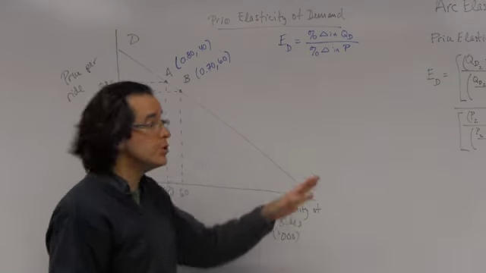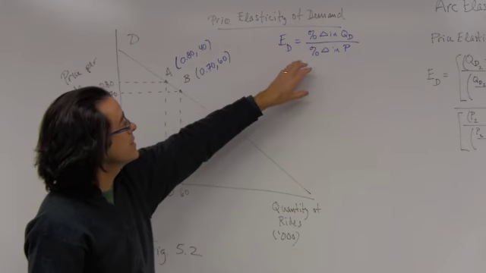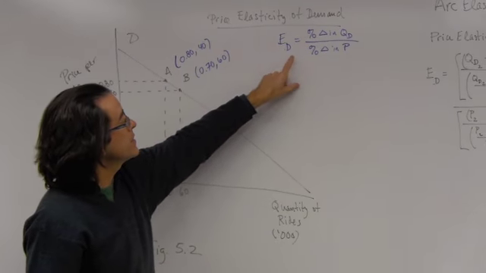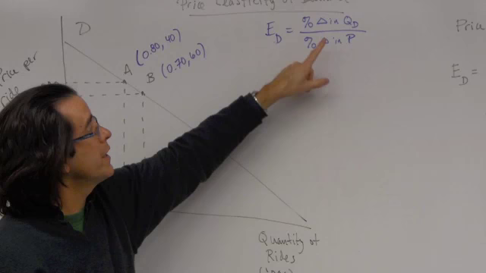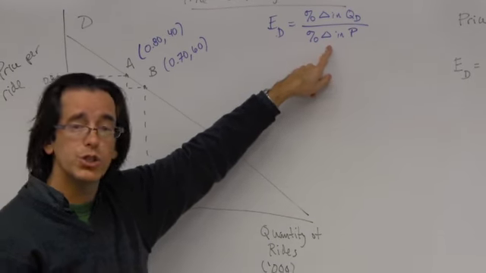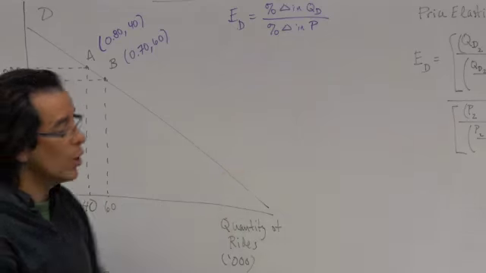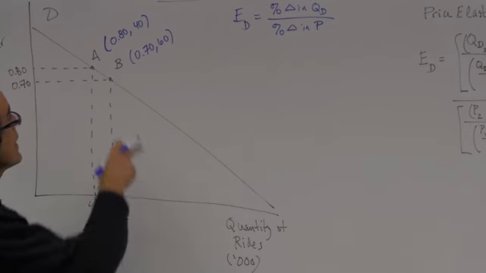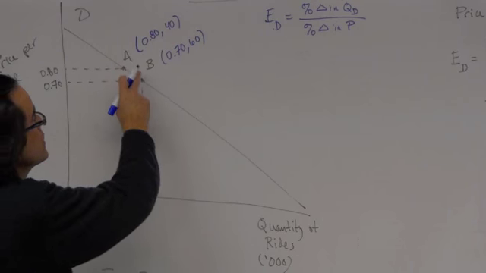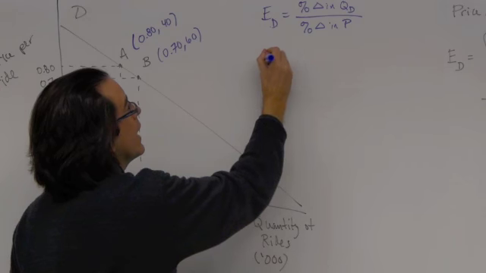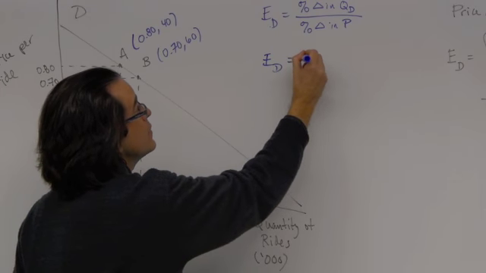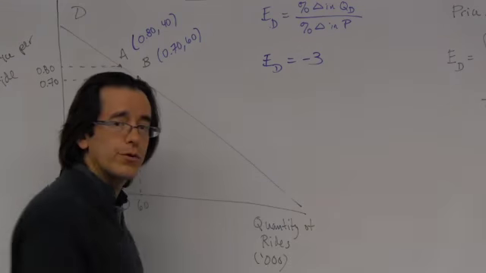What elasticity is doing, in this case price elasticity of demand, is calculating the percentage change in quantity demanded over the percentage change in the price. So if we calculate, and we'll actually do this, the elasticity between A and B, we would get a price elasticity of demand of -3.